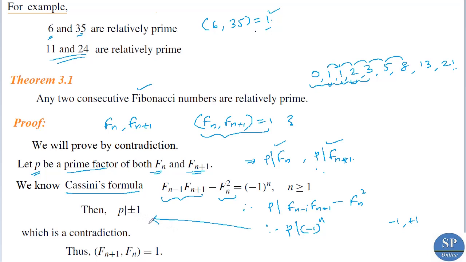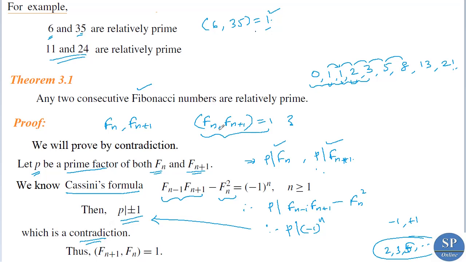P divides either plus 1 or minus 1, which is a contradiction, because P may be 2, 3, 5, etc., and these do not divide plus or minus 1. So we obtained a contradiction.